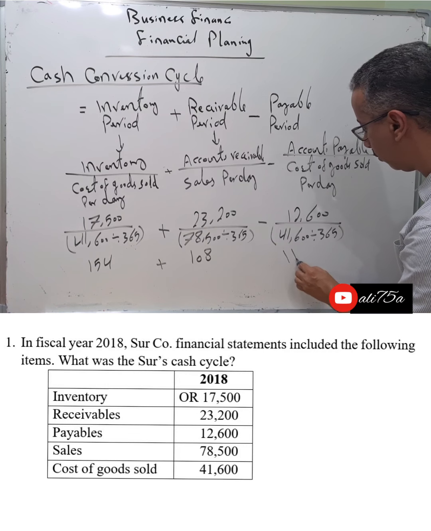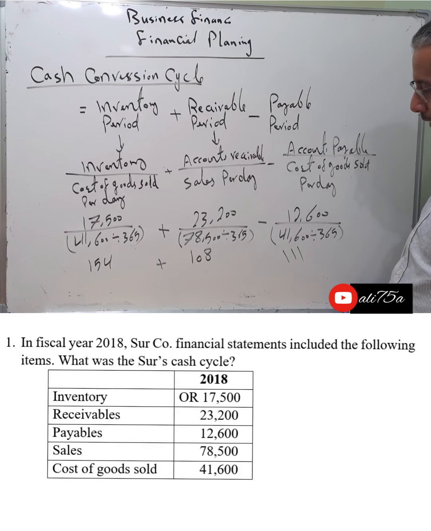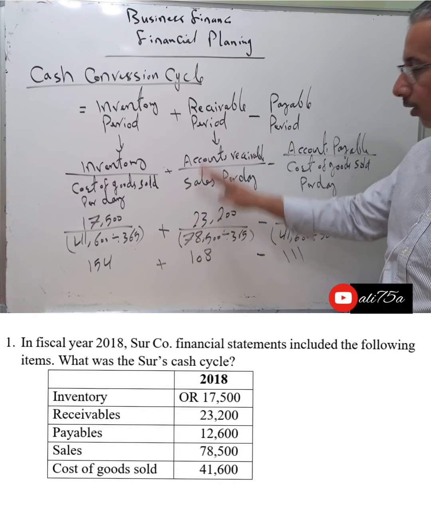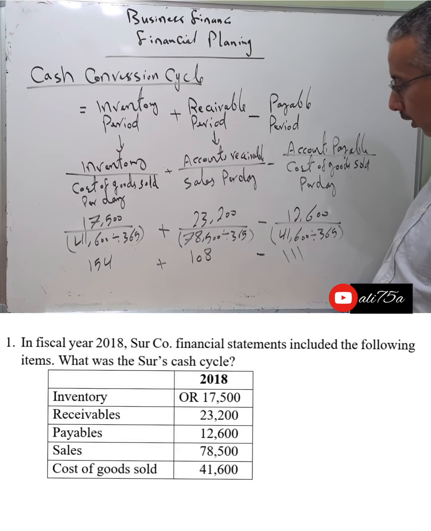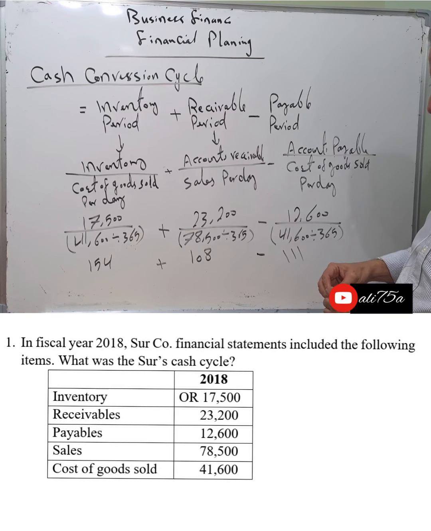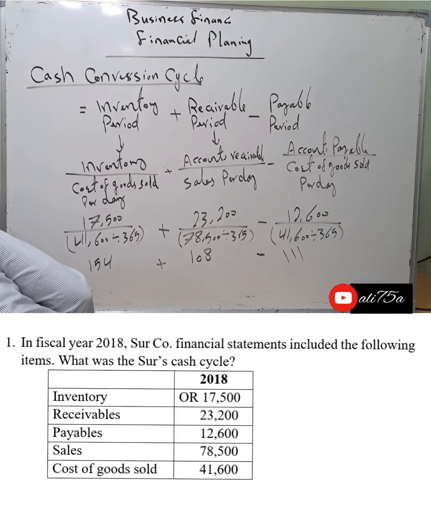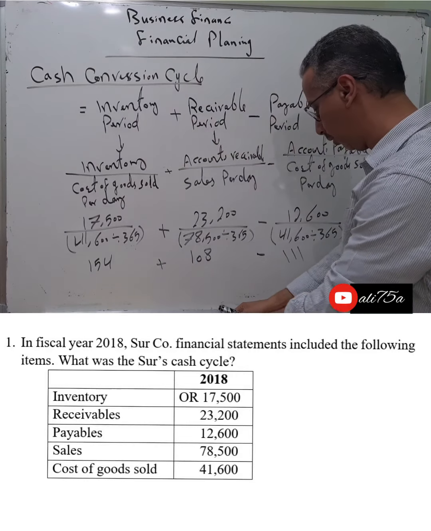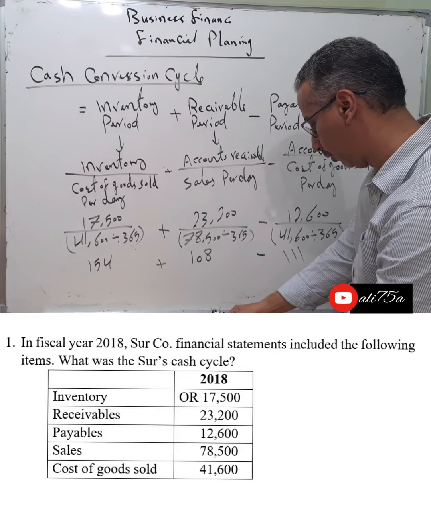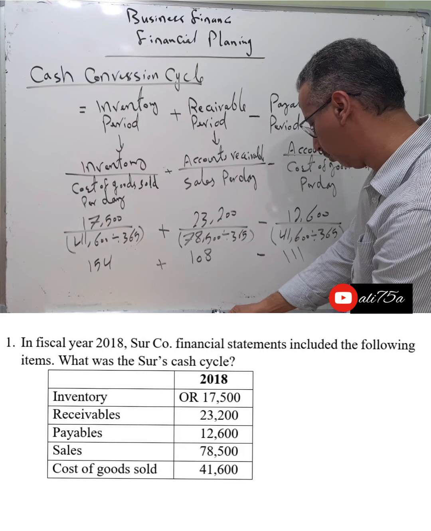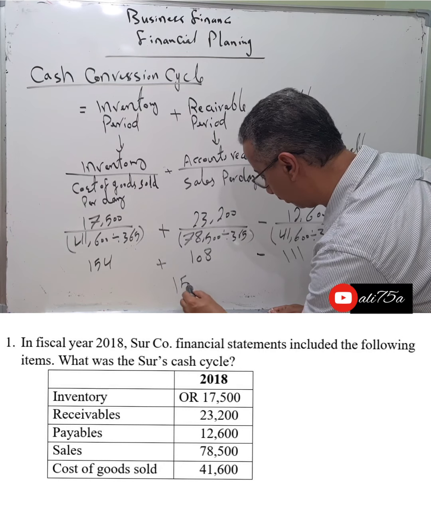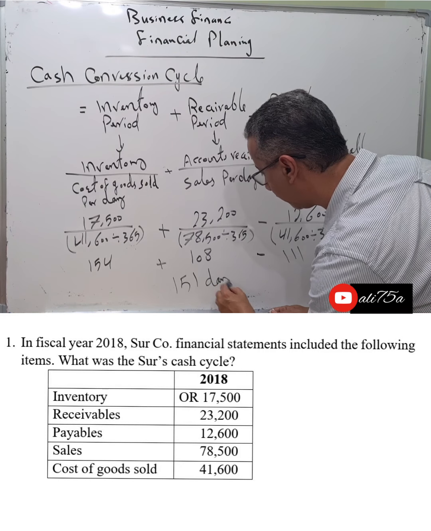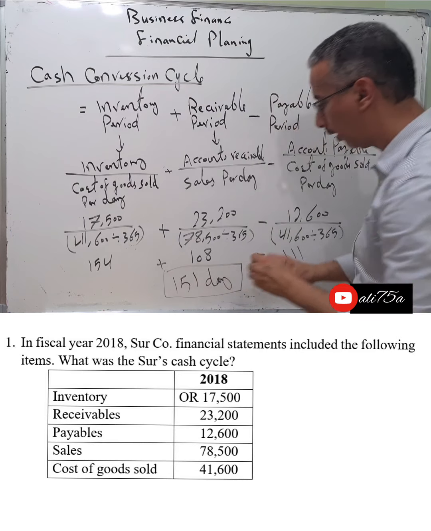We got 111 days. So inventory period plus the account receivable period minus the account payable period will give us the total, which is 151 days.